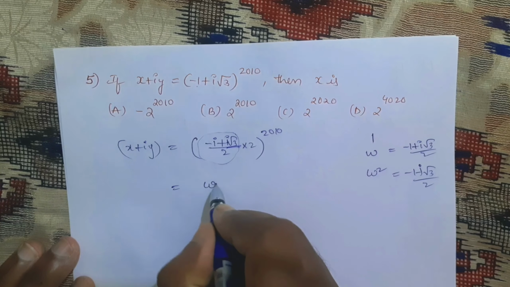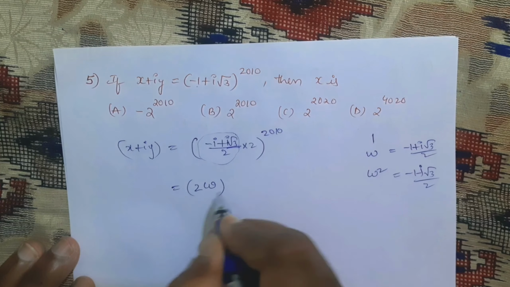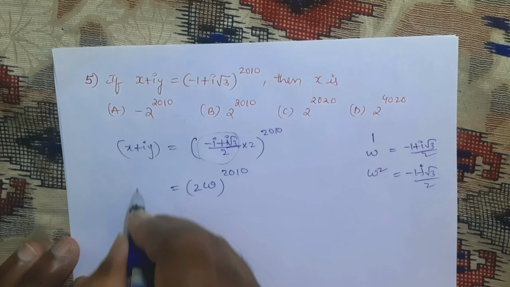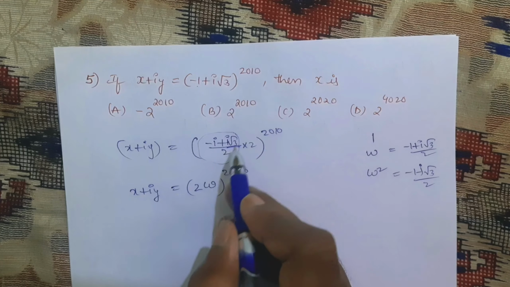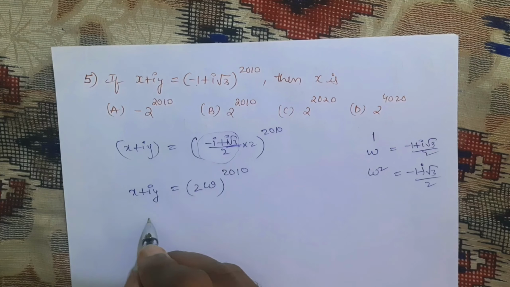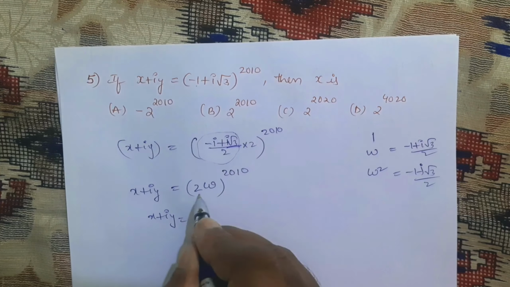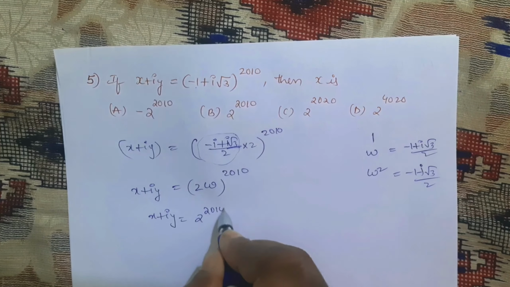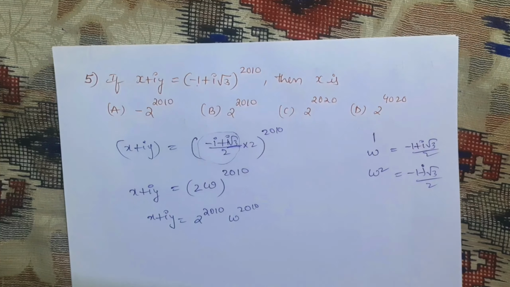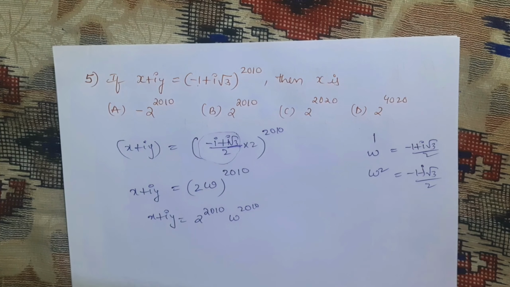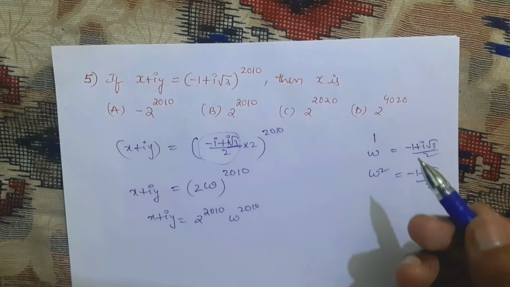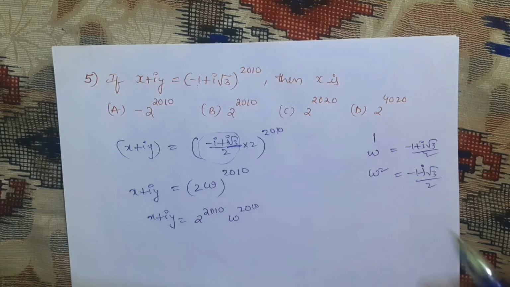So we can write it as (2 omega) to the power of 2010, which is x plus iy. So x plus iy is equal to 2 power 2010 and omega power 2010. Now how to simplify this omega power 2010? If it is iota values, we need to divide with 4. If it is omega values, we need to divide with 3.